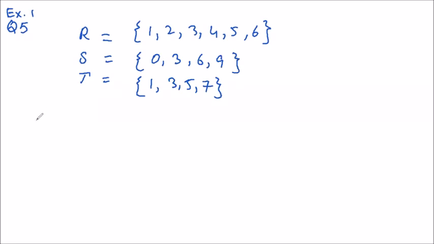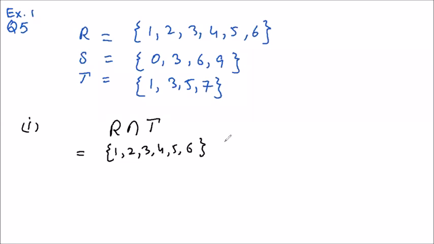Now we will solve part 1 first. In part 1, you have to find R intersection T. Again, we will first write set R, then put the sign of intersection, then write set T. Now in the answer you will write only the elements which are common in both.